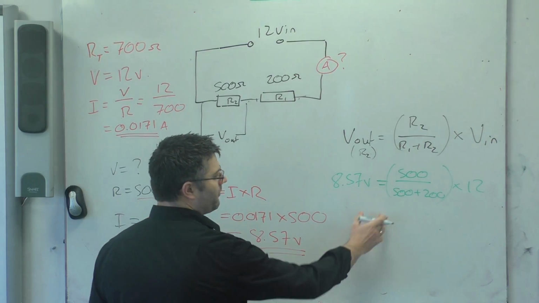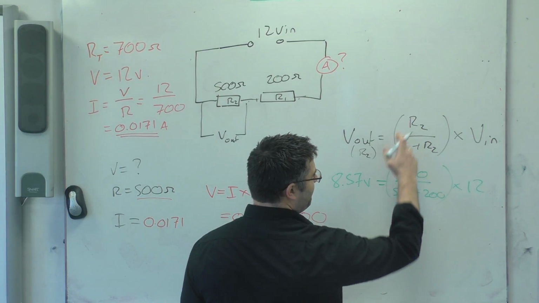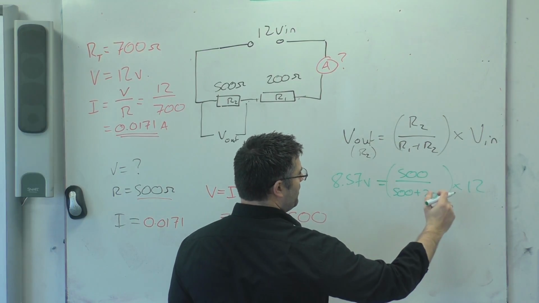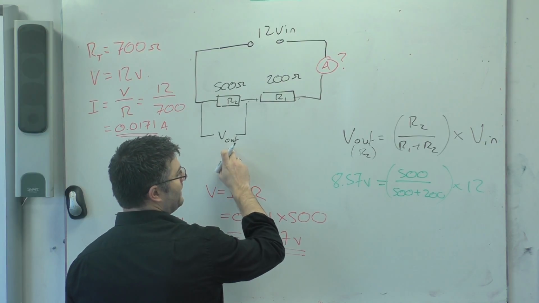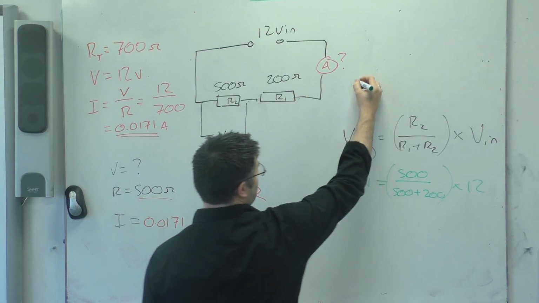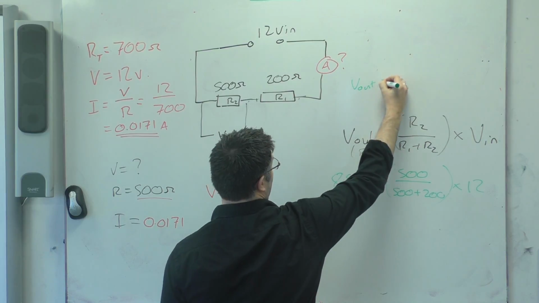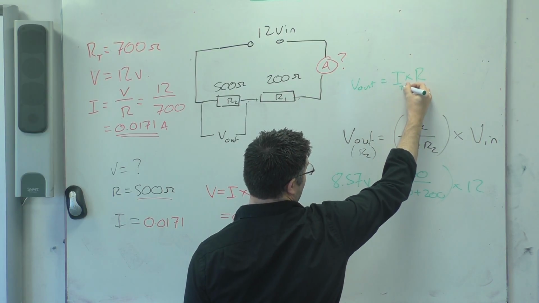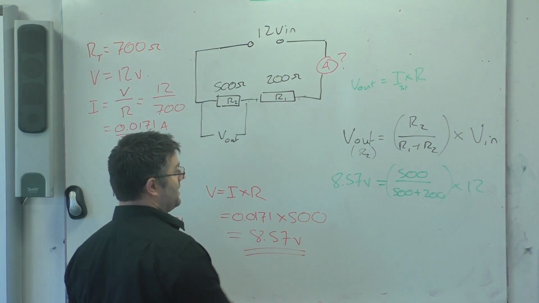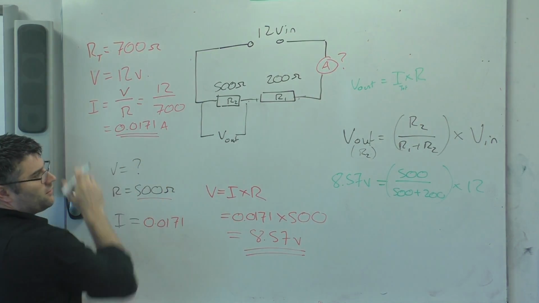So what you end up with is, if we look very carefully at this calculation, we can suggest that the V out that we have here is I times R, where I is I total through the circuit. Funnily enough, that value right there.